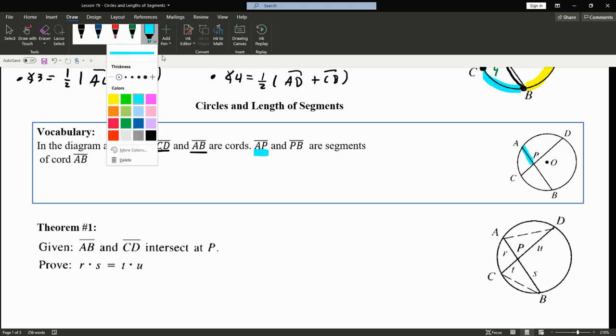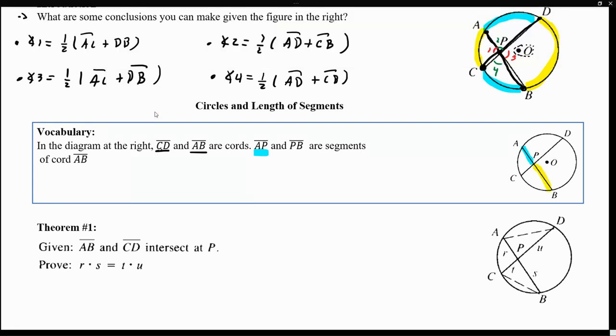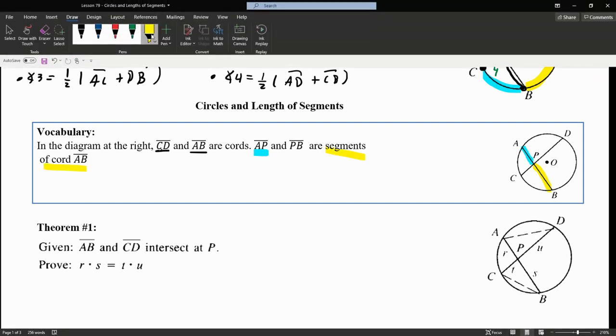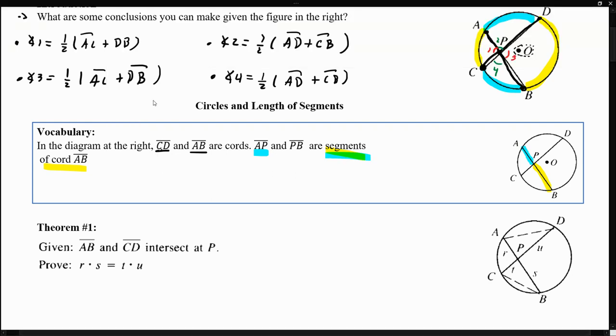The same can be said about PB. PB is also a small portion of the overall chord, so PB is a segment of the chord AB. Pretty much, segment just means a little piece of.